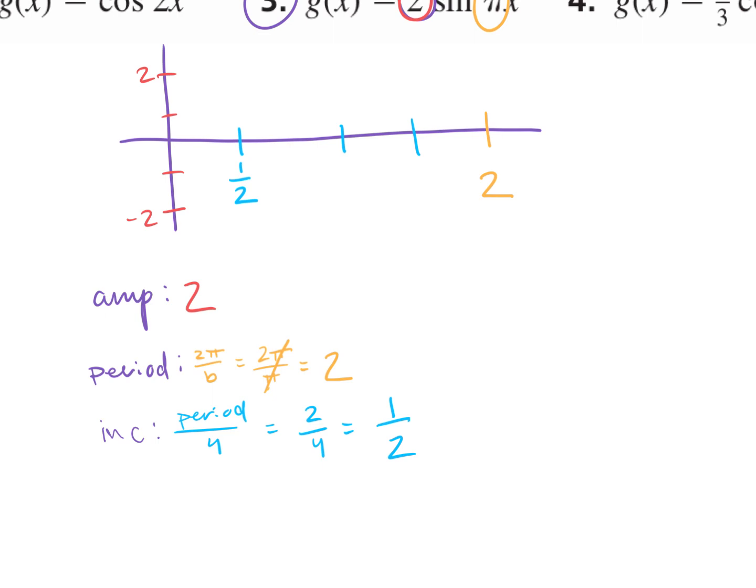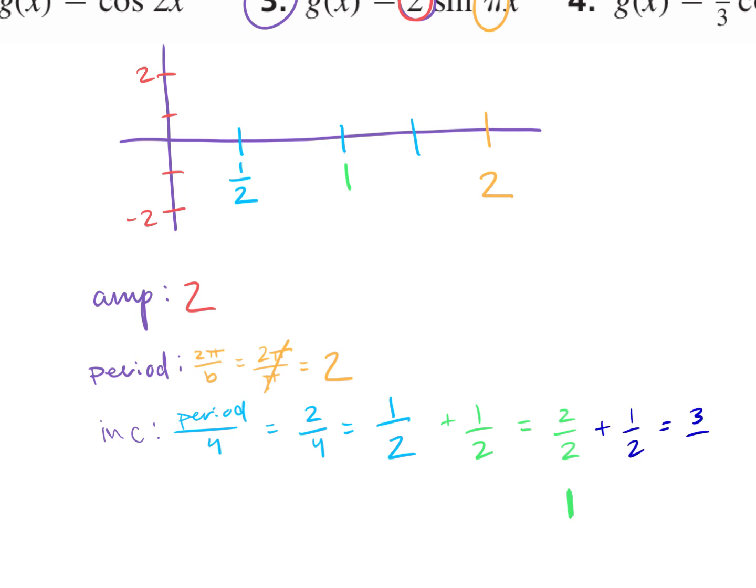How do I find the next increment? Add 1/2. 1/2 plus 1/2 is 1. It would be 2 over 2, which simplifies to 1. How do I find the next increment? Add 1/2.